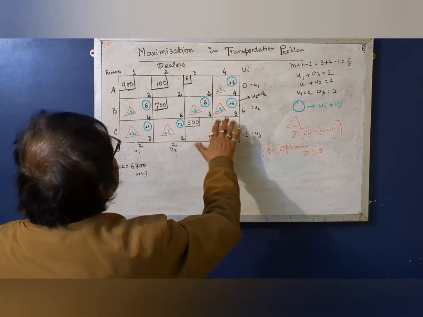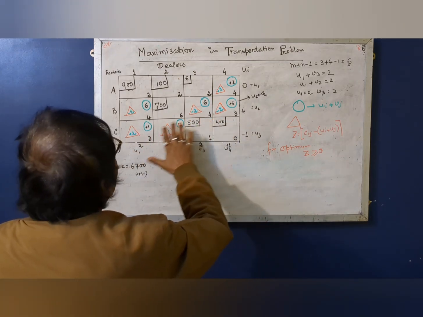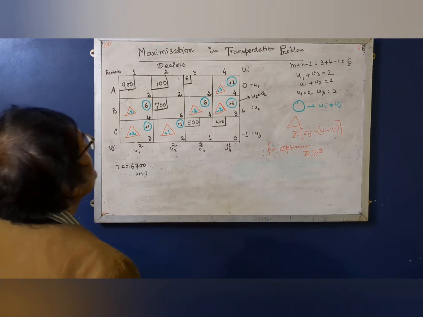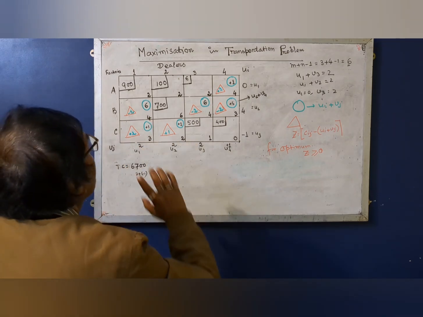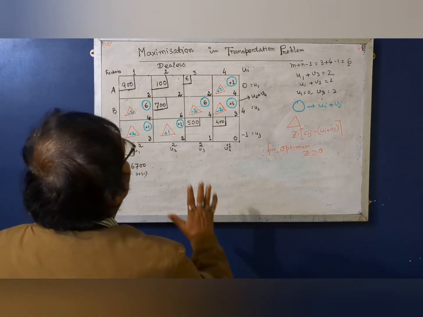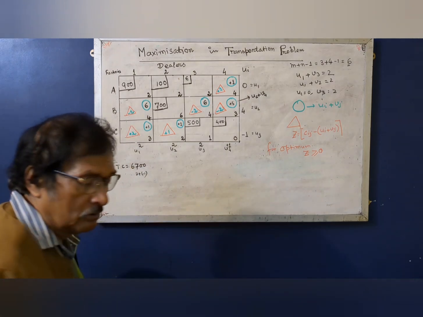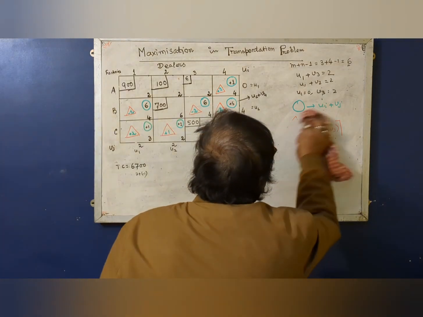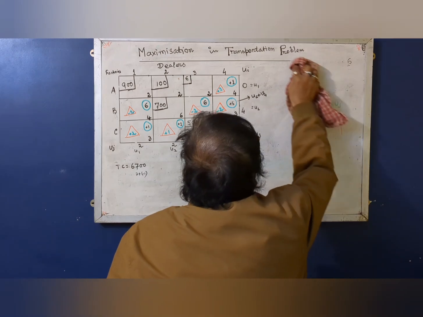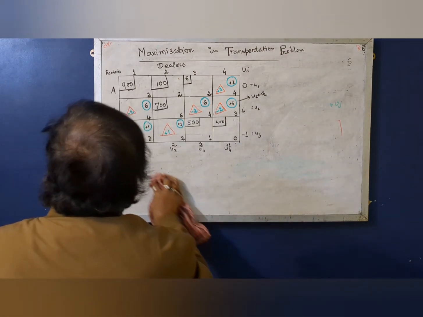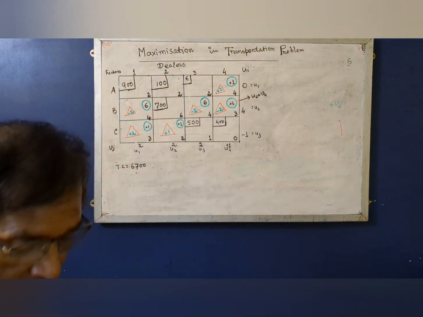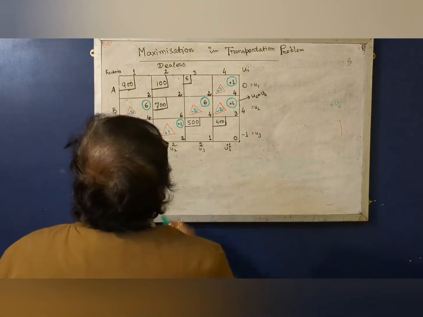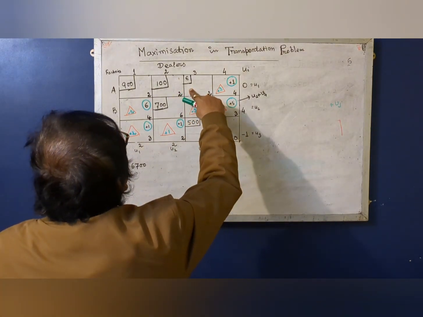But as they are the same, you can take any one, considering only the square cells that I have shown you. You have to put the allocations in the negative net evaluation cell. So where will you put it? In this place I put the artificial variable.